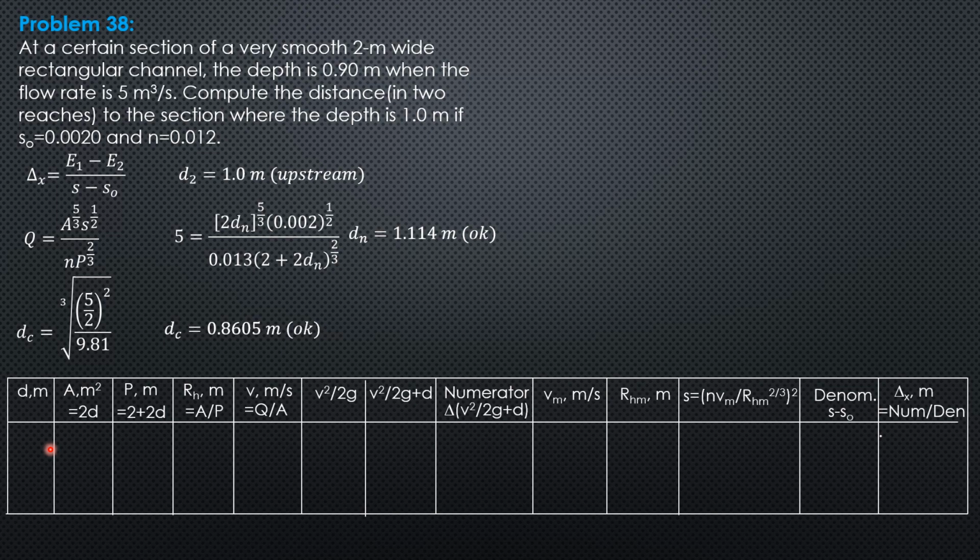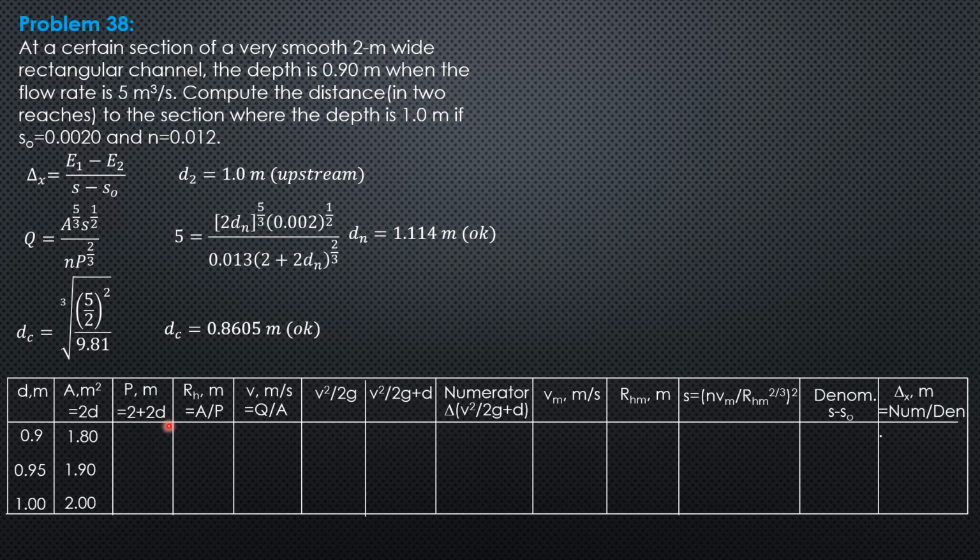So the depths to be considered are from 0.9, because there are 2 reaches, so the next is 0.95, then 1.0. So area is width times depth, so 2 times 0.9 is 1.8. 2 times 0.95 is 1.9, and 2 times 1 is 2 square meters.